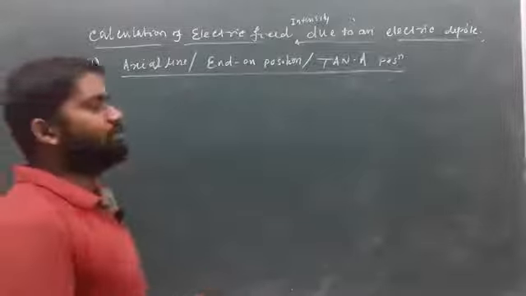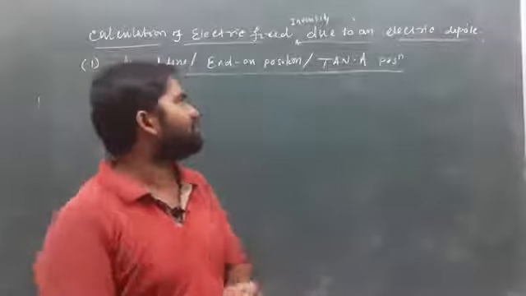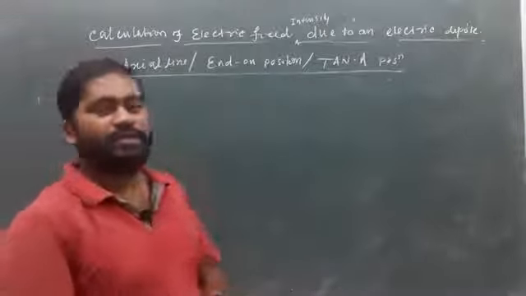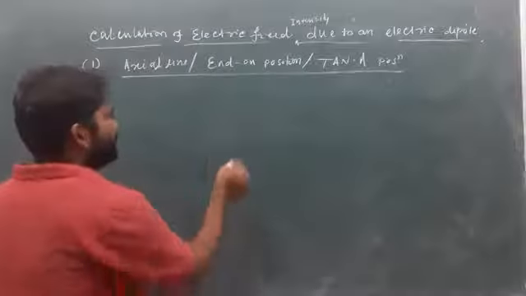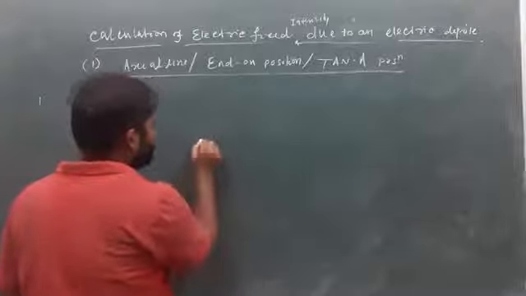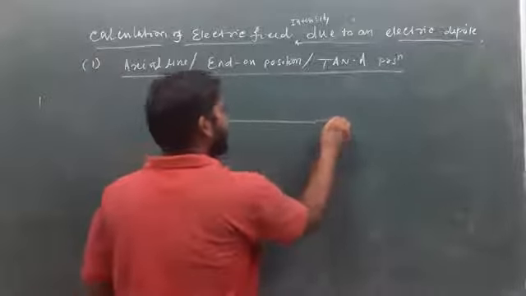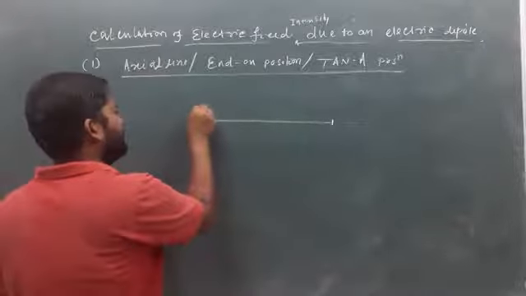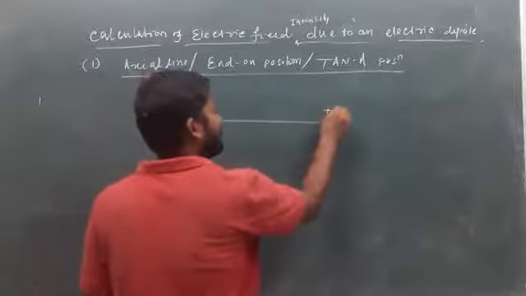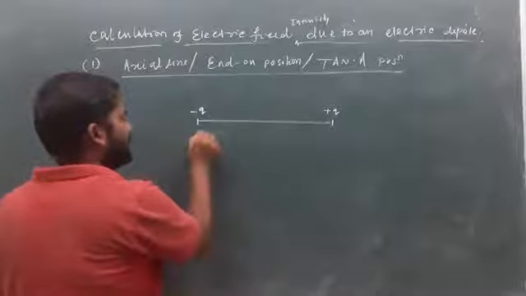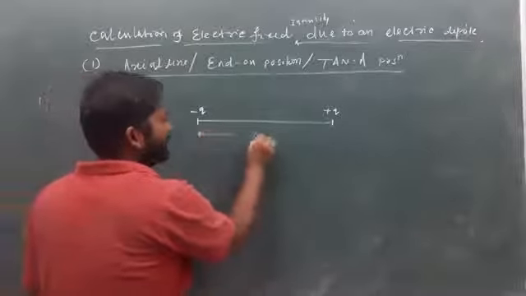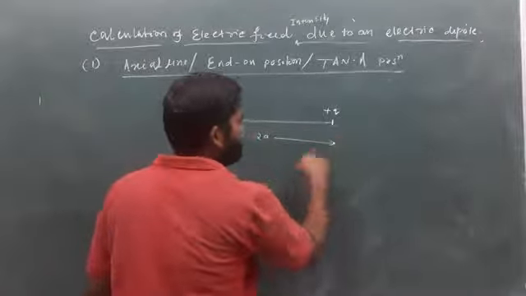Okay. So, in order to calculate the electric field intensity on the axial line, let us assume we take an electric dipole with charges minus q and plus q, and the dipole length is 2a.